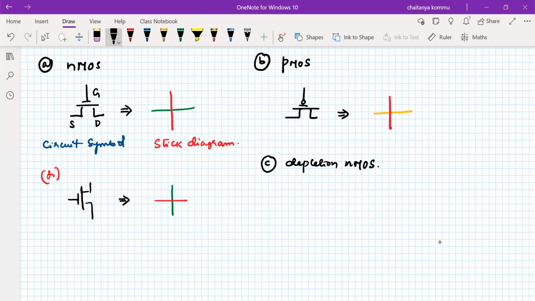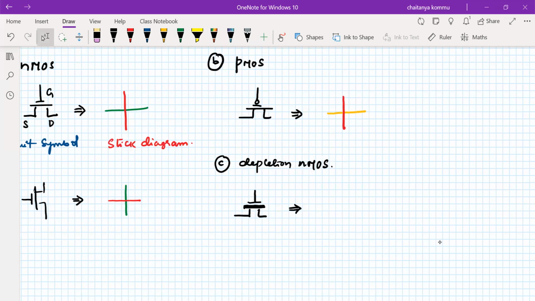Normally, what is the symbolic representation? We know it in this way. The thick line that we have to use for this line, something like this. So this is a symbolic representation. This means we have to show the channel here.